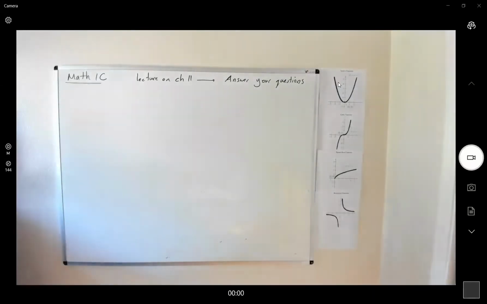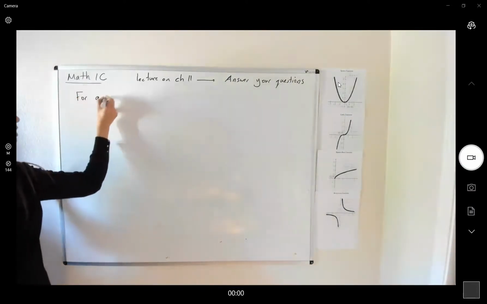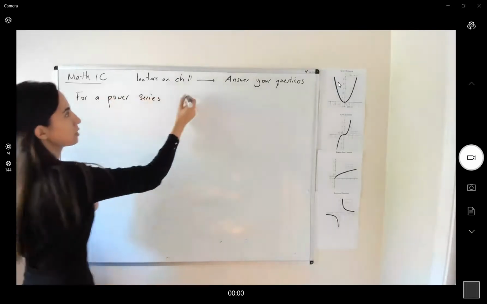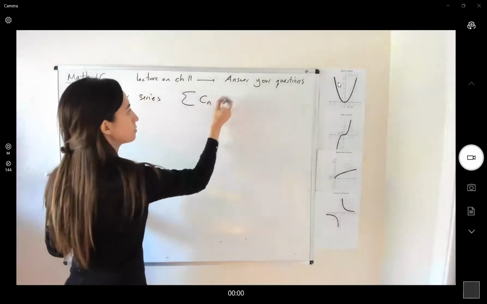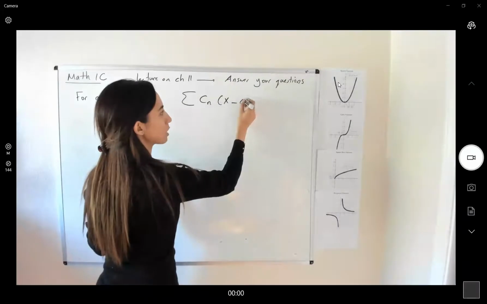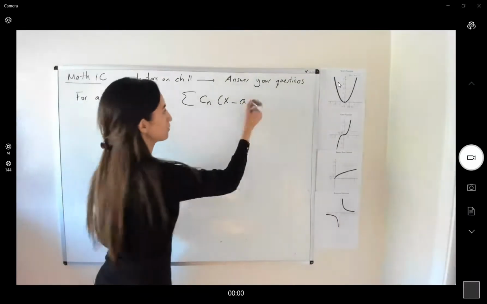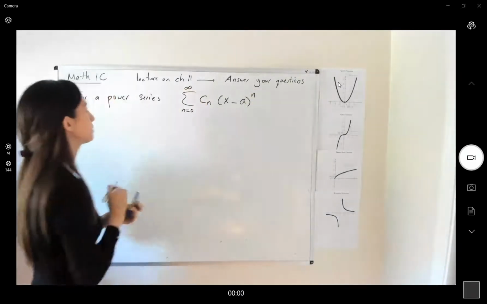Very well. For a power series written as the sum of C sub n (x minus a) raised to n, n starts from 0 to infinity, where instead of x sub 0 we use a constant, you know that x sub 0 is just a number, so let's call it a.